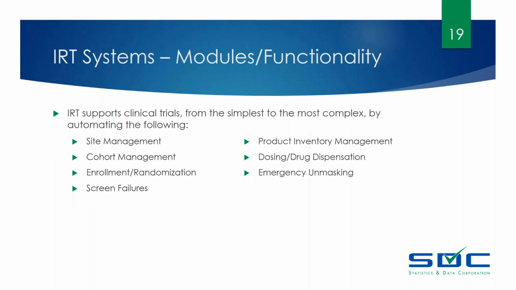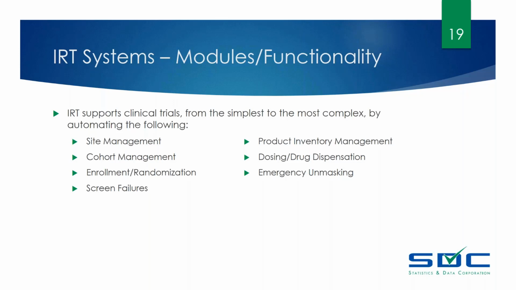IRT supports clinical trials from simple to complex by automating the following functionality. In addition to activating and deactivating sites, admin users can set, update, and monitor screening and enrollment caps, as well as set, assign, and update inventory supply limits, all at the site level.